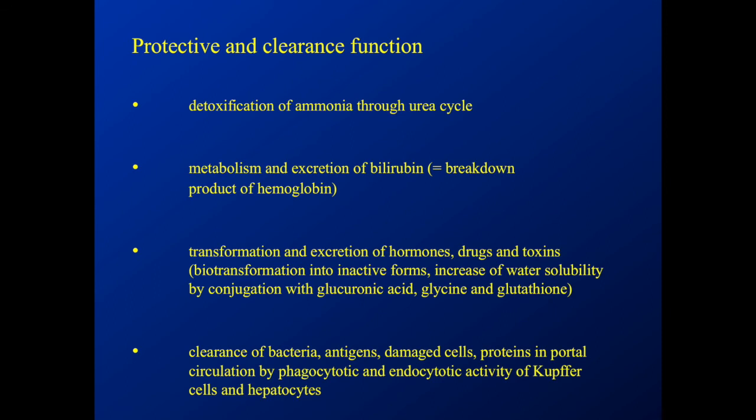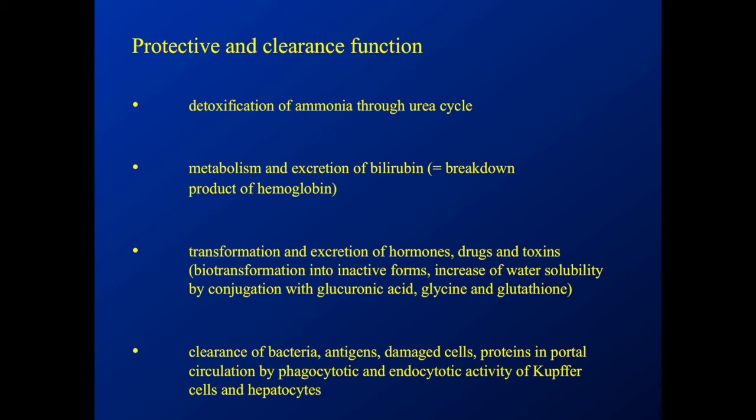And then finally, it has a very important protective and clearance function. Your liver is your detoxification factory. As we mentioned earlier, it detoxifies ammonia through the urea cycle, so the breakdown of proteins will release ammonia, and then the liver will convert that to urea for excretion.